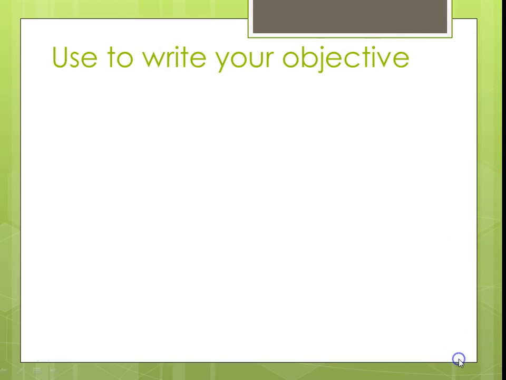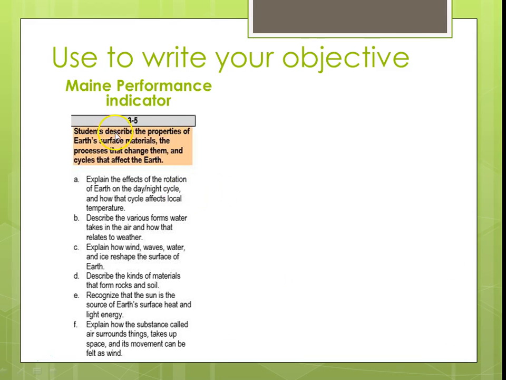So on the next slide, I just pull those up. And I, again, look at these, and there's a lot of stuff going on in this performance indicator. You know, rotation of the Earth, all of these things that my lesson is not about. So what do I do here? I look and I think, okay, right here, explain how wind, waves, water, and ice reshape the surface of the Earth. Well, I'm talking about water reshaping the surface of the Earth. That's the only part I'm looking at.